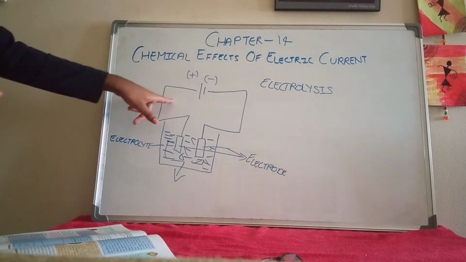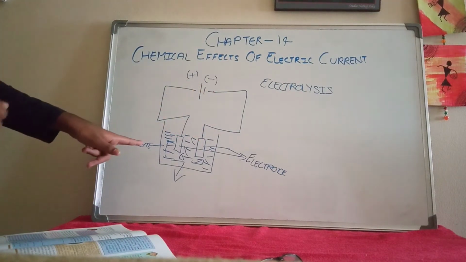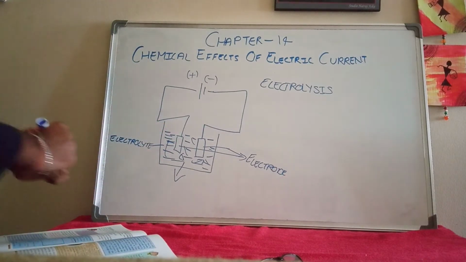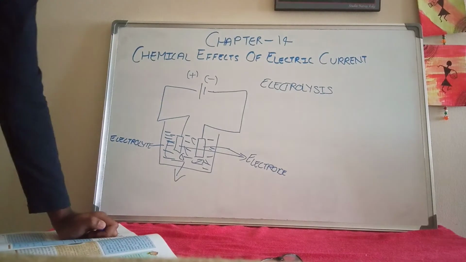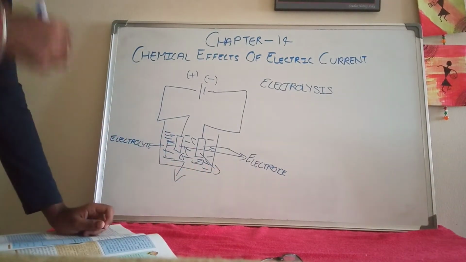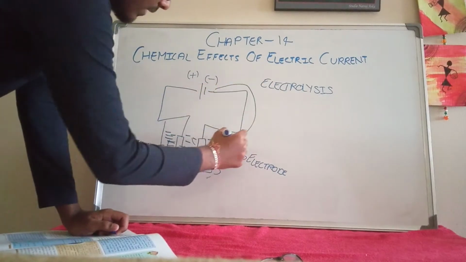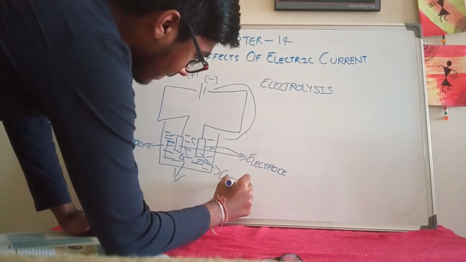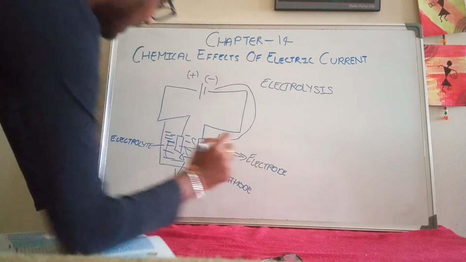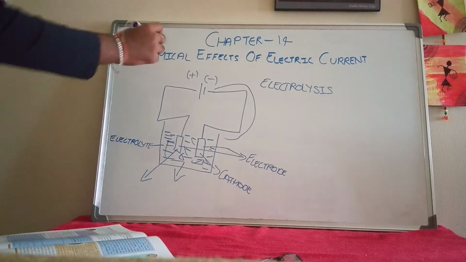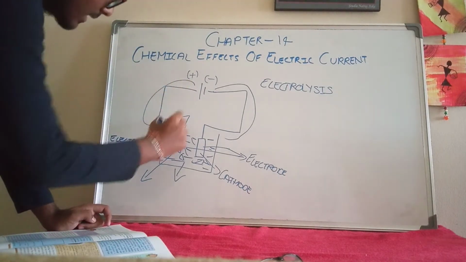Electricity passes through the negative and positive terminals and through two conducting materials, called electrodes. The conducting material connected to the negative terminal is called the cathode, and the one connected to the positive terminal is called the anode.